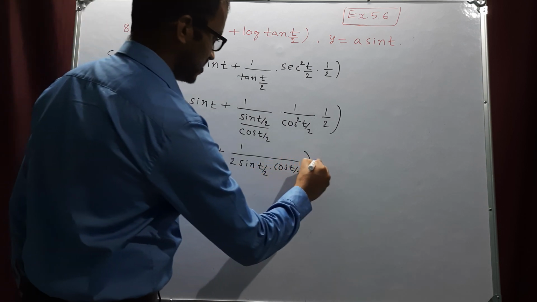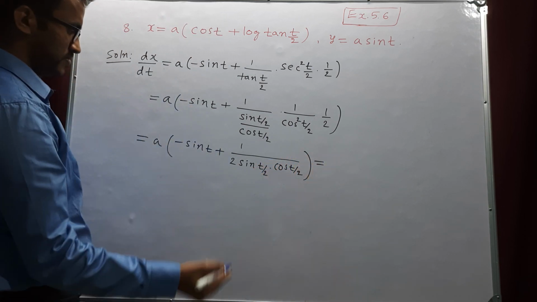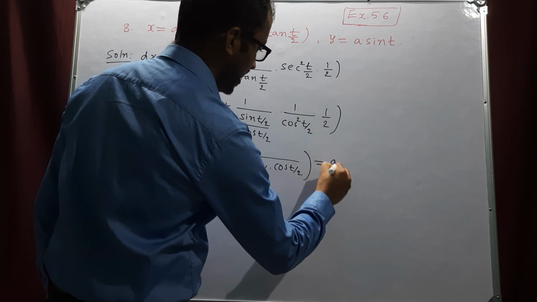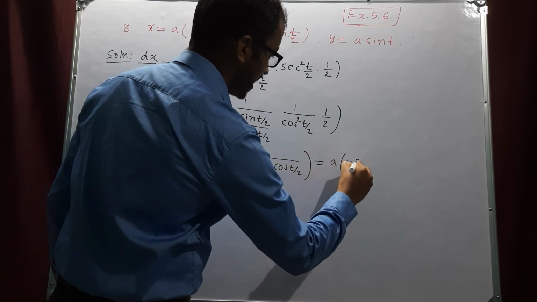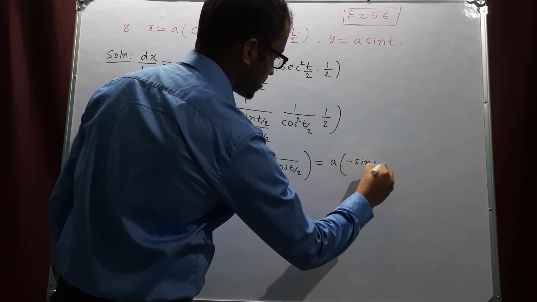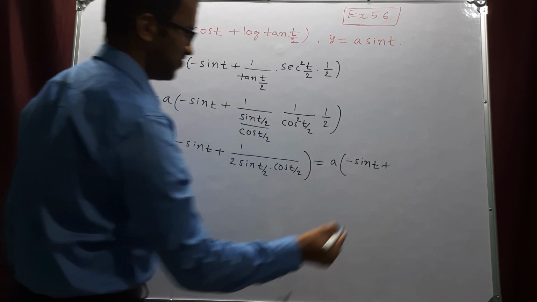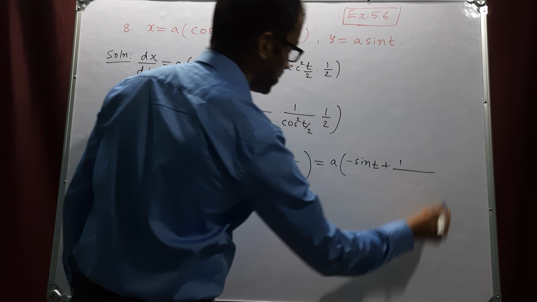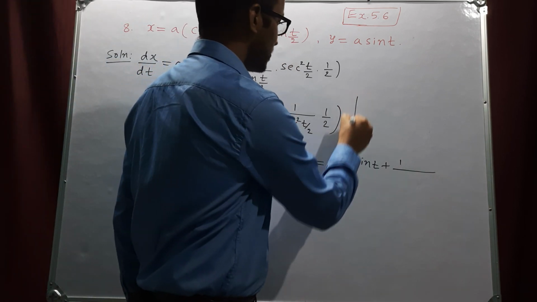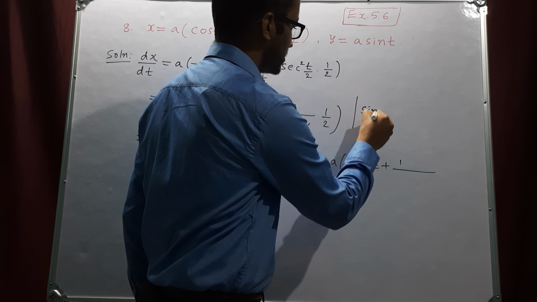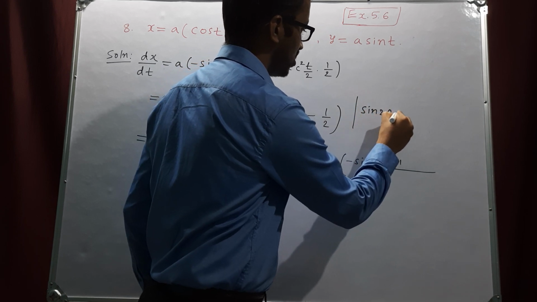So that is equal to a into minus sin t plus 1 by, so we know that sin 2a is nothing but 2 sin a cos a.